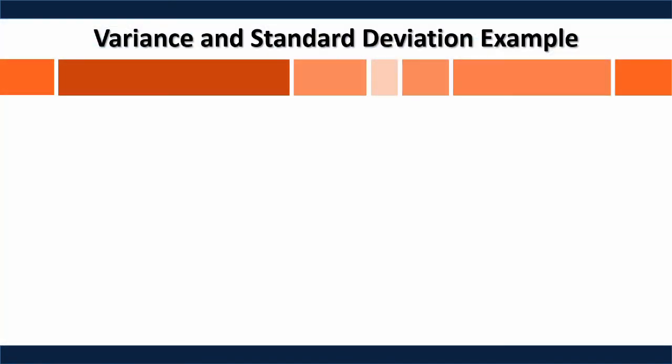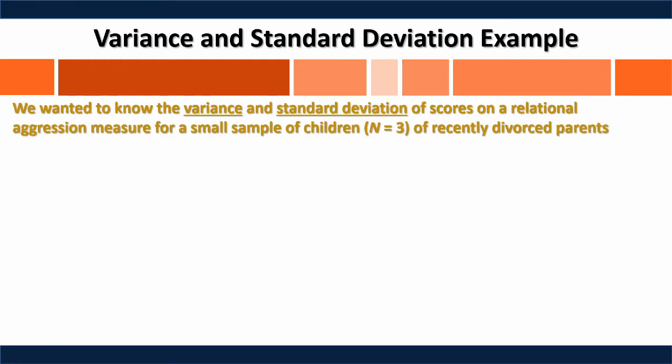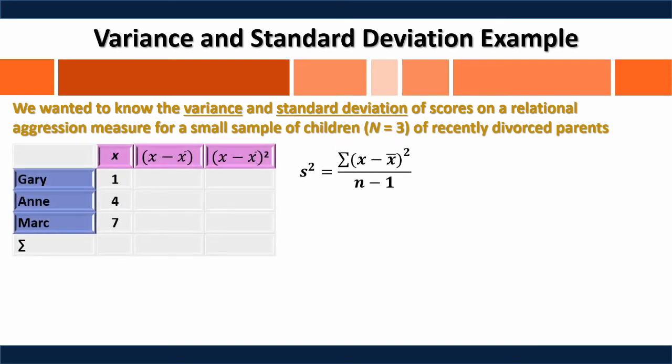Here is an example of how we would calculate variance and standard deviation of a small sample. Suppose we wanted to know the variance and standard deviation of scores on a relational regression measure for a small sample of children of recently divorced parents. The n here represents total sample size, which in this case is 3 for the 3 children we recruited. The first step is to find the mean.